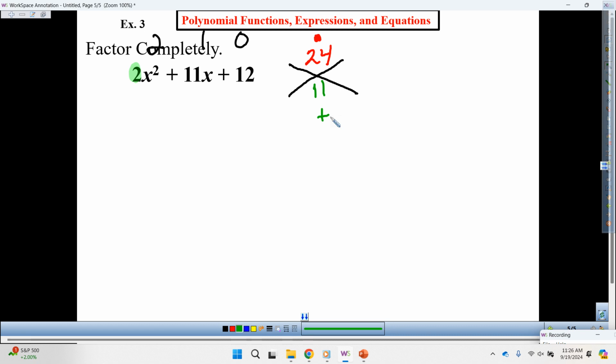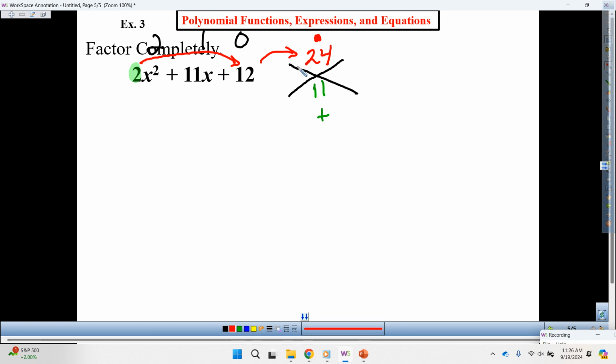Got it. Let's go, Yulisa. Let's go with Gabriel. What did I do to get 24? That is correct. Draw an arrow. 2 times 12 gives us 24. That is correct.